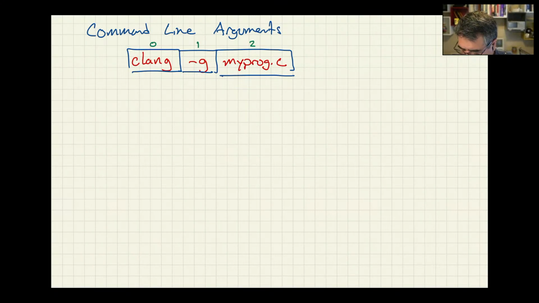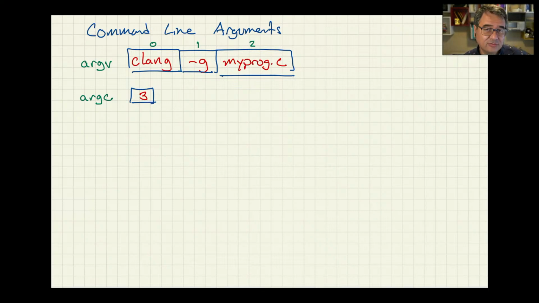And this array is going to be called argv, A-R-G-V. And there's another variable that gets created called argc, which contains the number 3 to let you know that there are 3 elements in this array. So you've got the array itself, and you've got the length of the array.